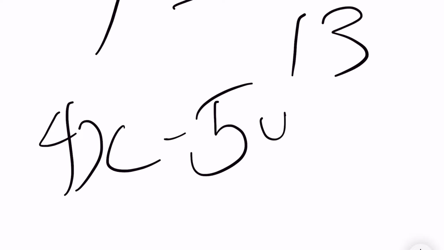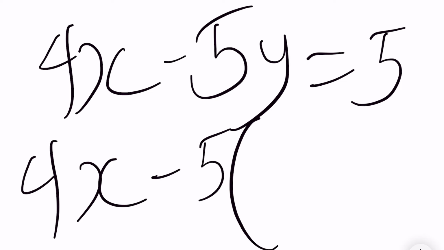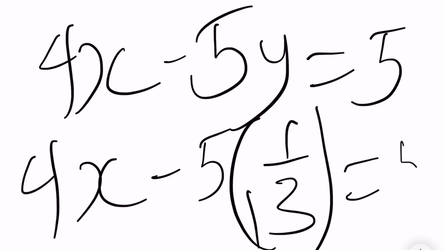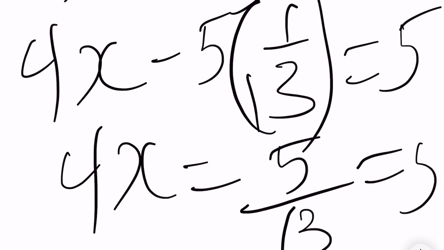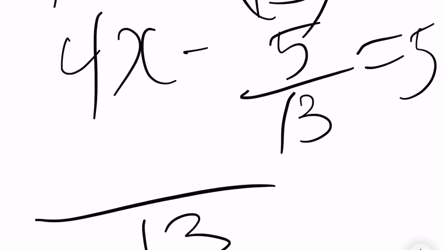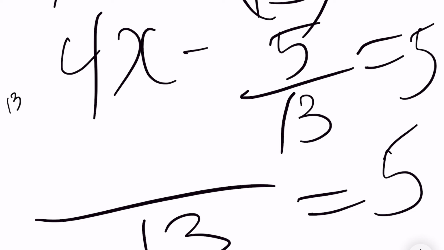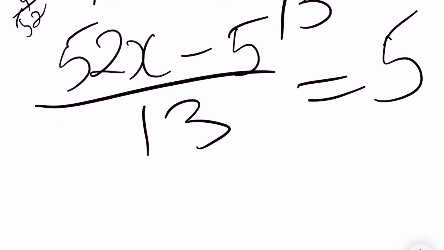So when we input it, we have our 4x minus 5y to be 5. We have our y to be 1 over 13. So we have our 4x minus 5 over 13 equals 5. Then find LCM. This is 13. 13 in 4 places. 52x minus 5.